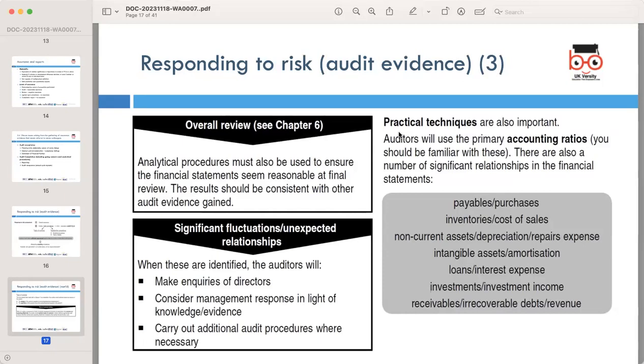There are two key things we need to know about. First is the design of systems. We want to be sure that systems are set up properly to catch any errors. And then the operation of systems. We need to check if these systems have been working the way they should during the time we are looking at.